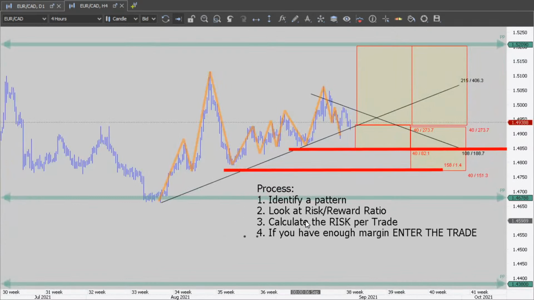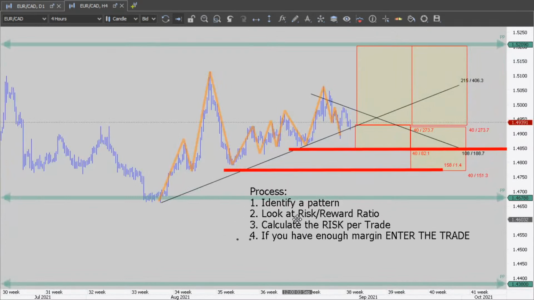I have a comment on the other streaming platform asking, Passion, are you telling me that we can trade any pattern? And the answer is yes, why not? Everybody, don't confuse what we're talking about. Oh, Passion told me to trade every pattern.